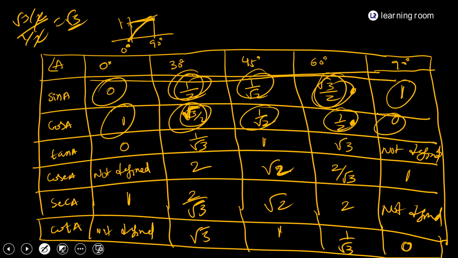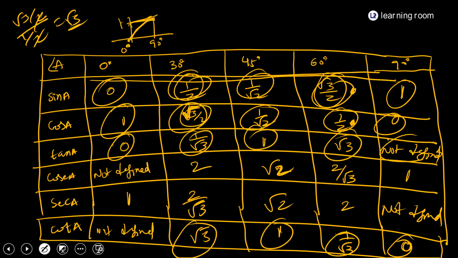Tan will be just sin A by cos A. If you know tan A, cot A is reversing again. What is the cosecant A? 1 by sin A. If you know cosecant A, secant A is again reversing.